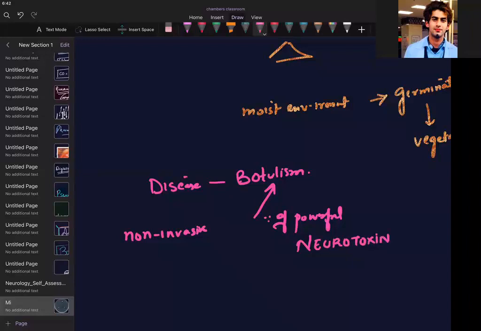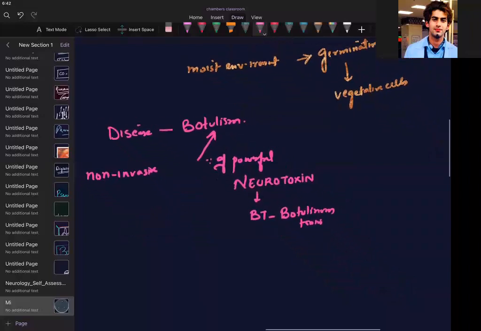This neurotoxin is called Bt toxin. Bt means botulinum toxin.